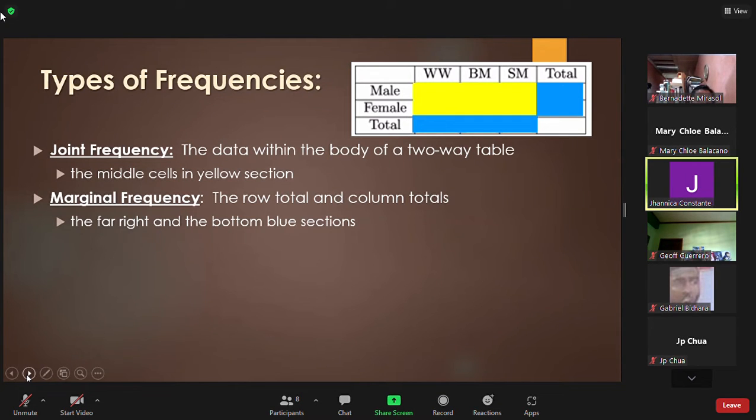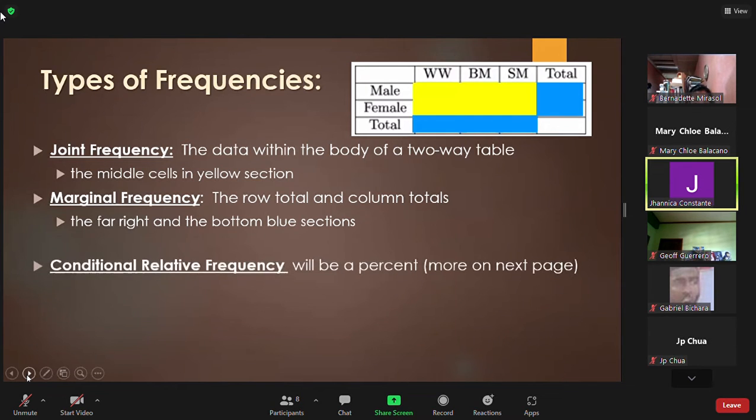So that is your joint frequency and your marginal frequency. Using the joint frequency and the marginal frequency, we can calculate or solve the conditional relative frequency. When we say conditional relative frequency, this will be in percent form.